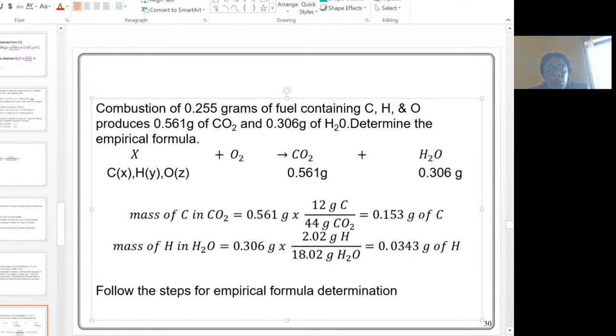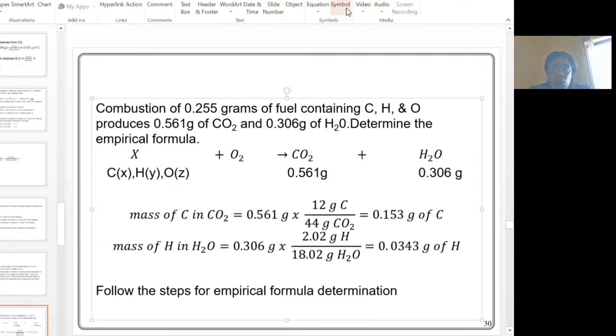organic compound does not only contain carbon and hydrogen, it also contains oxygen. So we need to know the quantities of oxygen. So for the mass of oxygen, you just subtract the two masses.